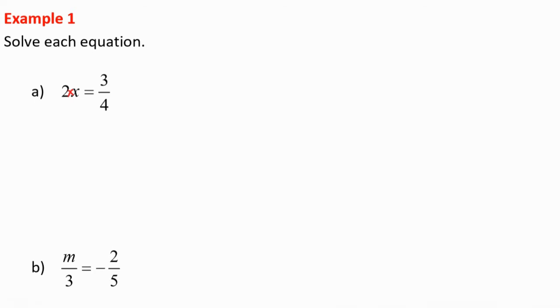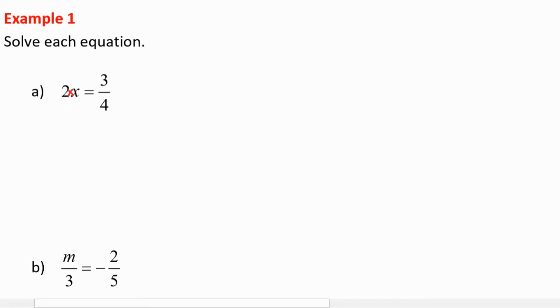And as I said, our final goal is to isolate x. To isolate x, we have to get rid of 2. Okay, so it's multiplication, everyone. How would you get rid of multiplying by 2? We use inverse operation, which is division.